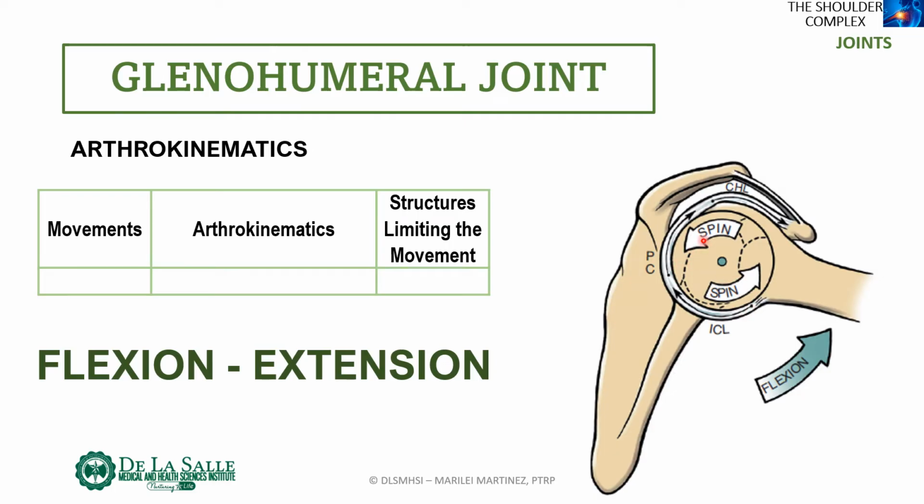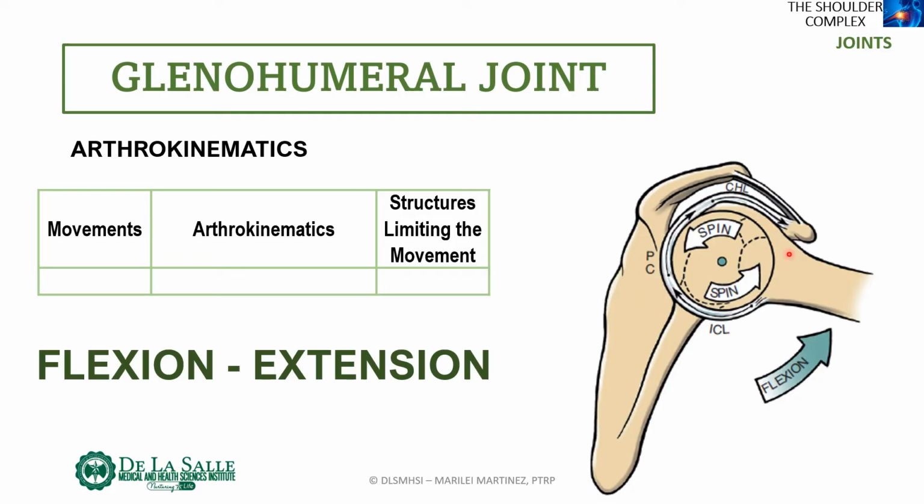Okay, so the convex head of the humerus spins. And during extreme flexion, it slides anteriorly against the concave glenoid fossa.